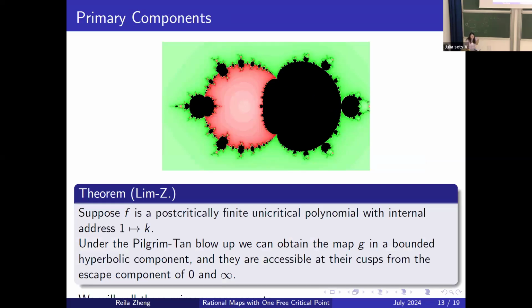The result is if you have a post-critically finite unicritical polynomial that is an immediate component, the analog of the main cardioid, then under this blow up for this specific arc, you end up getting a map that is accessible at the cusps. And this is accessible for both the super attractors 0 and infinity of the new map.